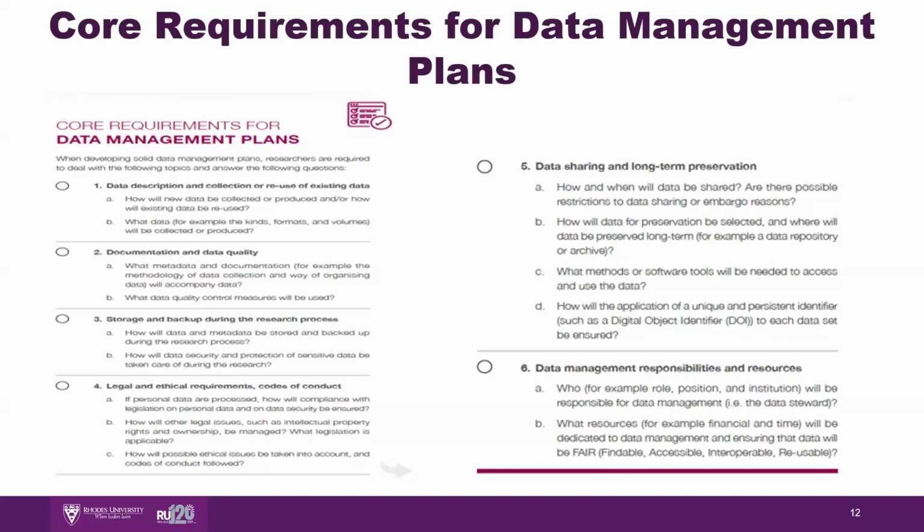If you were to examine a data management plan and ask what kind of information goes into it, it will include things such as a description of the manner in which the data will be collected or reused if you're using existing data, how the data will be documented, how you maintain the data's quality, and how the data will be stored or backed up. Remember anything that we mentioned yesterday? I did mention a number of ways in which data can be backed up and stored, but we'll go into a bit more detail next week.